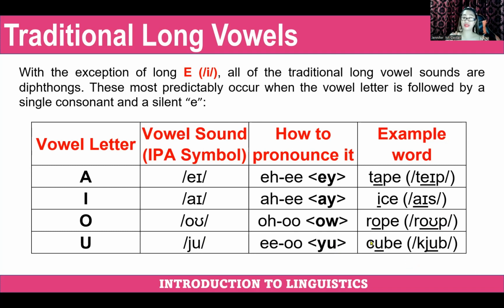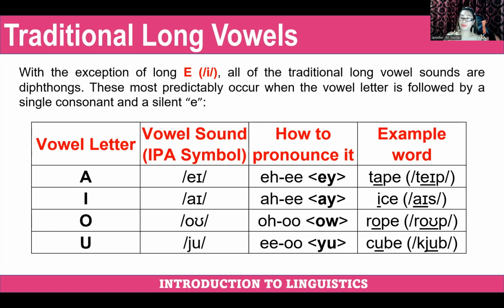And we can prove that the A, I, O, and U are pronounced the same way as its alphabet sound; how the alphabet letter is pronounced is the same way as how the IPA symbol is pronounced. So with that, let's have a recap.